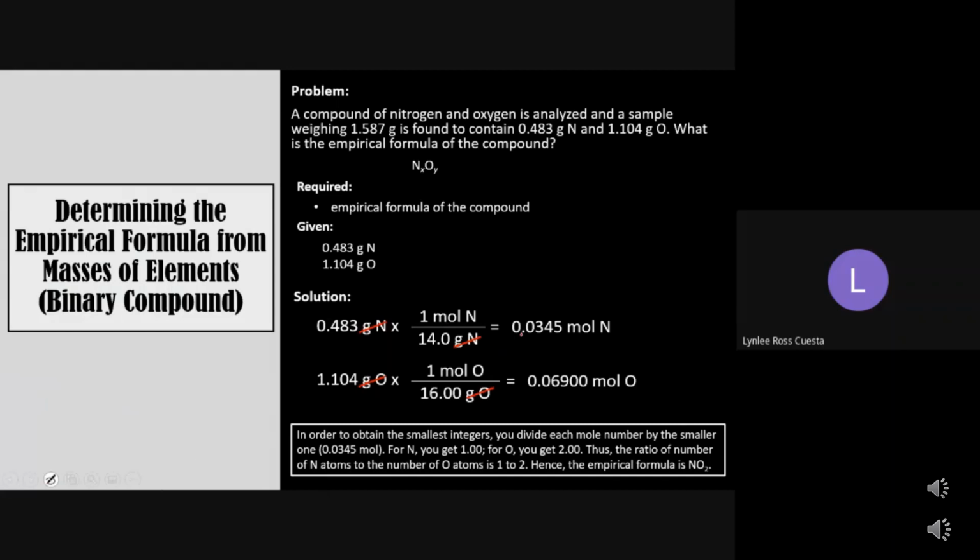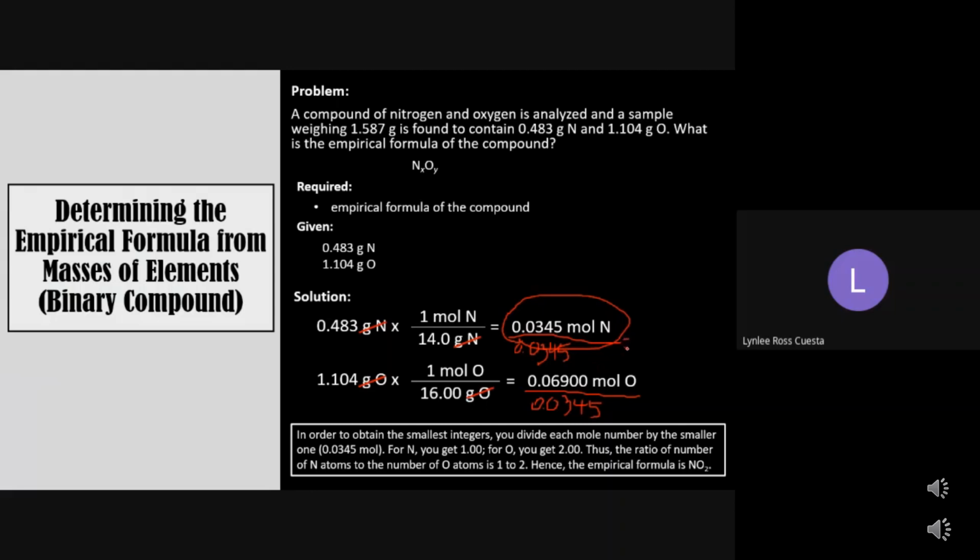In this example, we have 0.0345 mole of nitrogen, so to get its empirical formula, you simply divide it by 0.0345, and you do the same thing for oxygen, 0.0345.